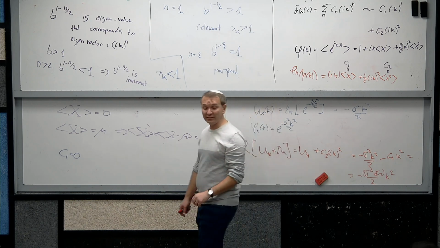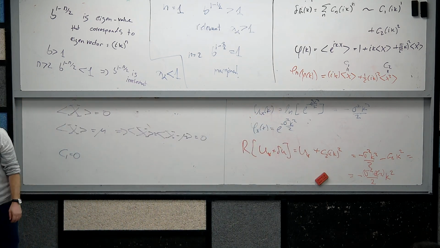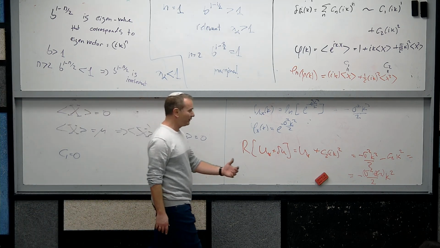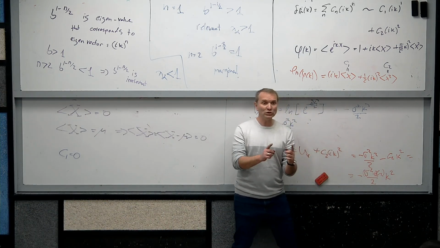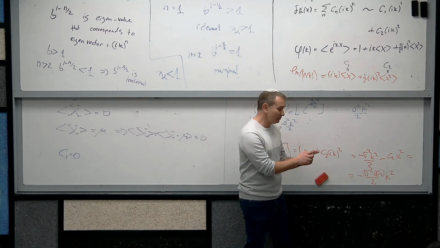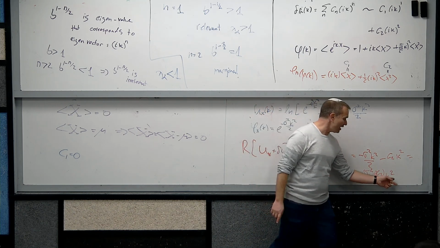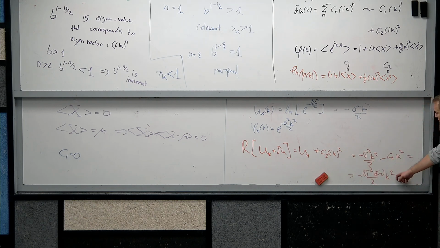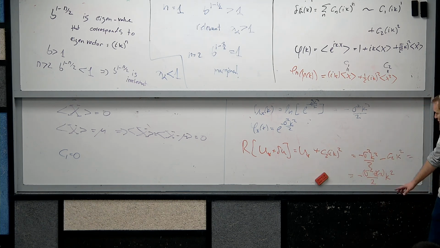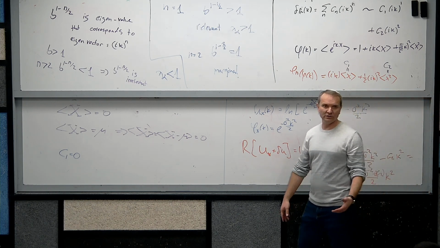That's the only thing that is modified. Therefore, the fixed point wasn't chosen properly. I have to shift it a little bit. It's still a Gaussian. I don't have any additional cumulants. All the additional cumulants will die after successive applications of RG. So I have only the second cumulant, and this corresponds to the Gaussian fixed point.